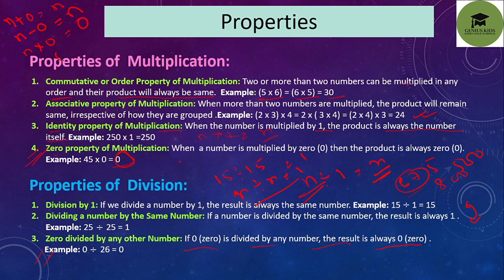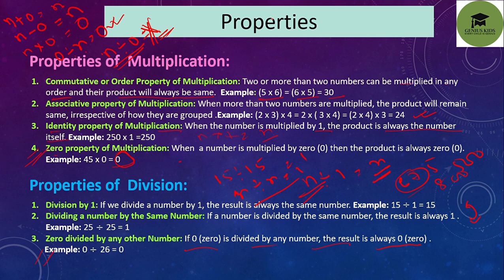And if 0 is divided by any number, it will always be 0. Please note, no number can be divided by 0. It cannot be possible. There is no answer. 0 can be divided by any number, but any number cannot be divided by 0.